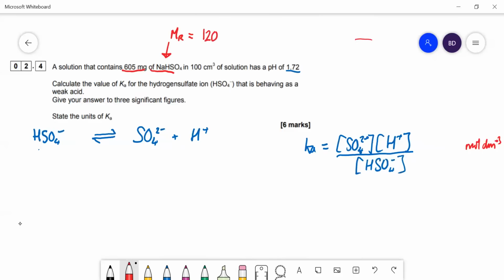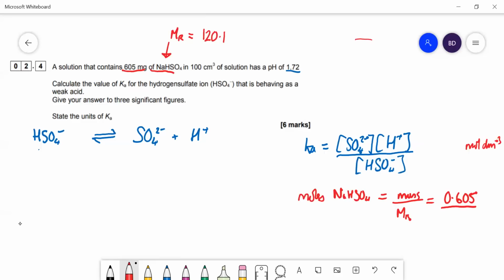So let's do our moles of sodium hydrogen sulfate, NaHSO4, which is of course the moles of the hydrogen sulfate ion. That's going to be mass over MR. The mass is 0.605 grams, so convert milligrams to grams by dividing by 1,000.